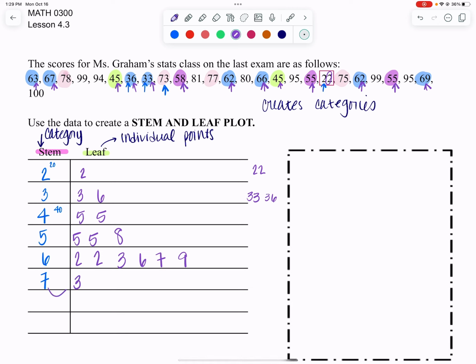So there's my 73. And then 75. So 7 and the 5 makes a 75. 77. So I get 77. And 78.